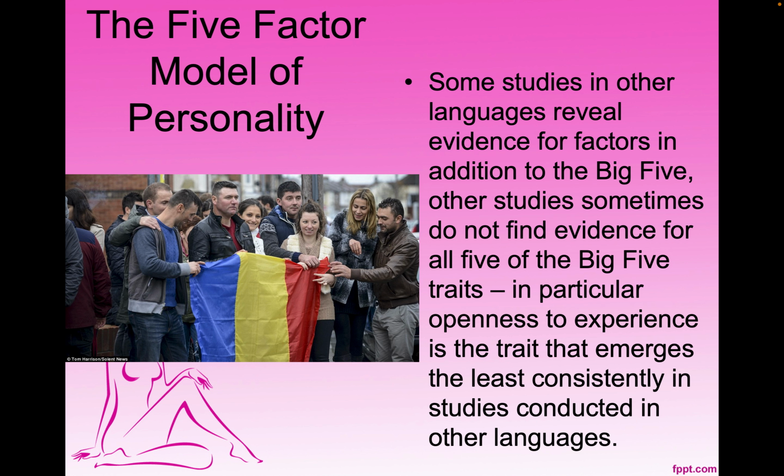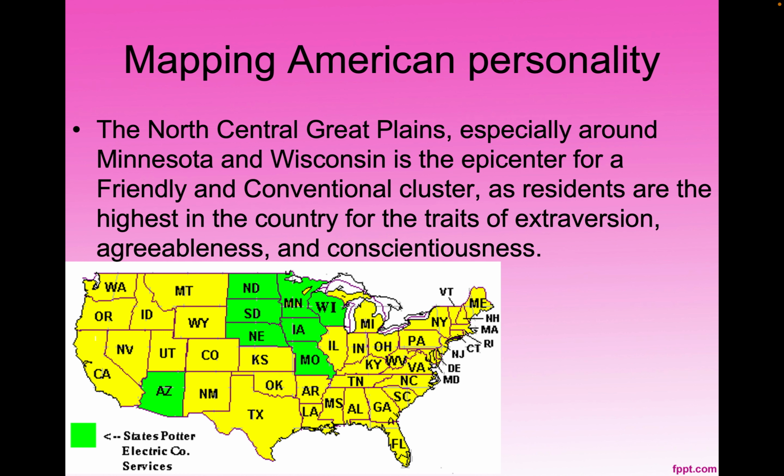Openness to experience, people in the United States, of course, they immigrated here, and they move around a lot. And that is something you don't see in other countries around the world. And for that reason, this is Romania, of course. That's the Romanian flag. Anyway, they had different factors.